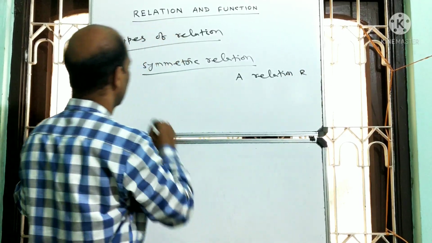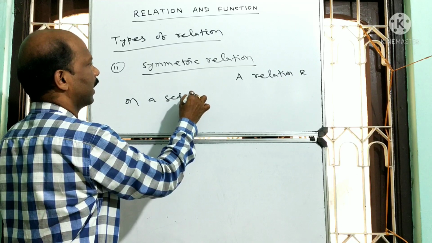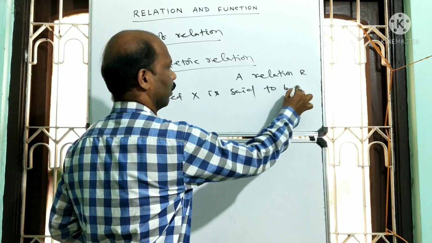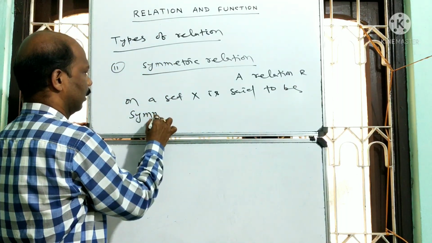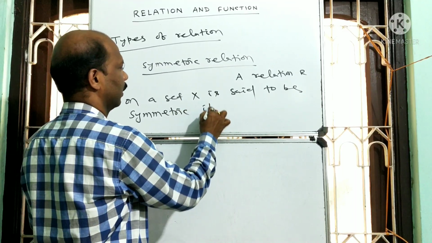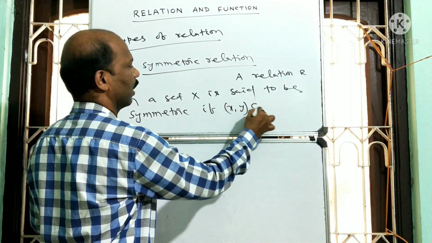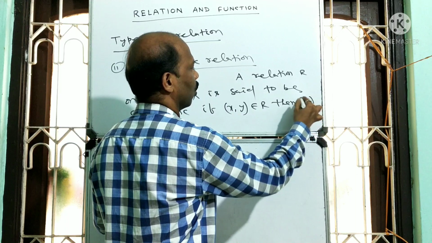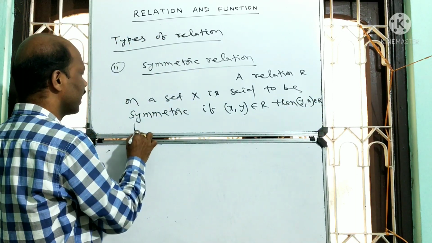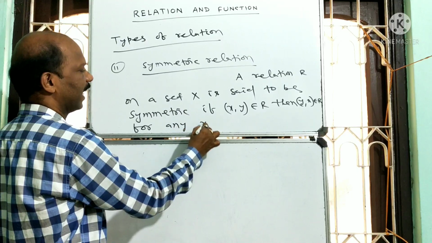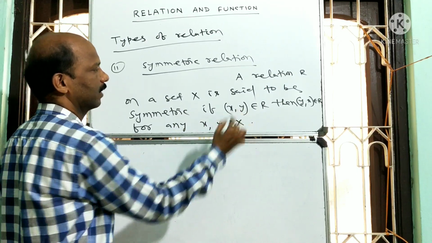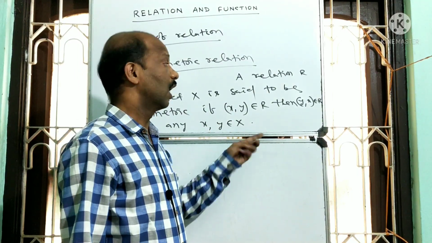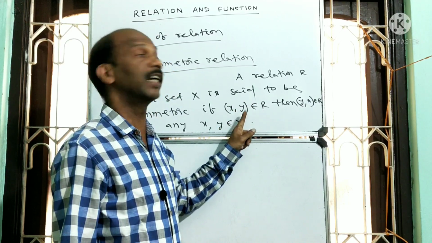A relation R on a set X is said to be symmetric if the ordered pair (x, y) belongs to R, then the ordered pair (y, x) belongs to R for any x, y belongs to capital X. That means if any two elements x and y are elements of set X and the relation contains the ordered pair (x, y), then it must contain (y, x).